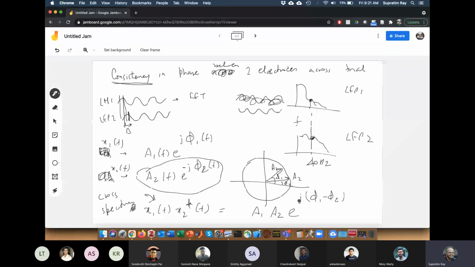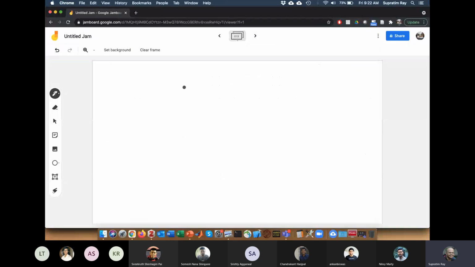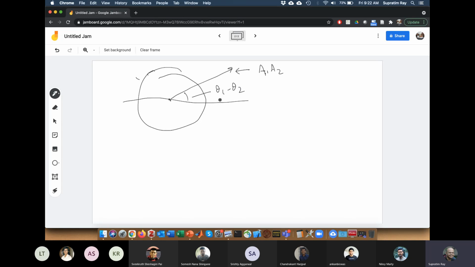So what have I done? For each trial, I am generating a vector. The amplitude of this vector is A1 multiplied by A2, the product of the amplitudes of the individual signals. And the phase is just the difference of the respective signals. So this is the phase difference.